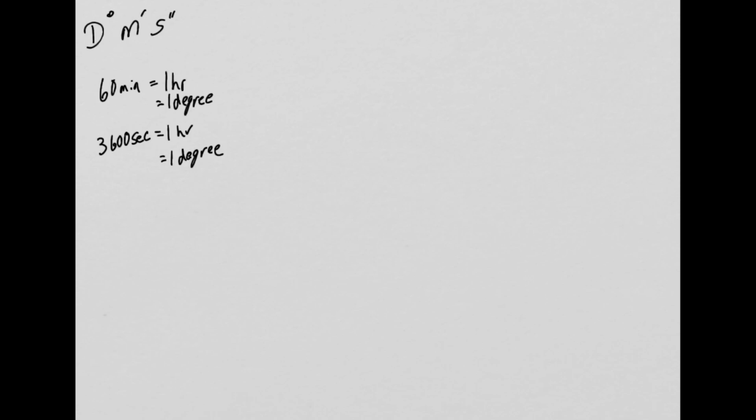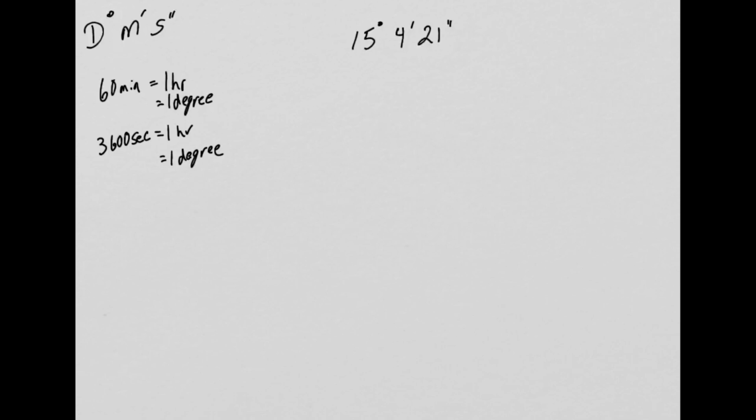So let's see how we can convert a degree, minute, and seconds into something we can put into a calculator so we can actually calculate and use that number, because degrees, minutes, and seconds on a scientific calculator is not a standard program. So if I have something like 15 degrees, 4 minutes, and 21 seconds, and I need to get this into a decimal form to make it more handy for the calculator to actually use.